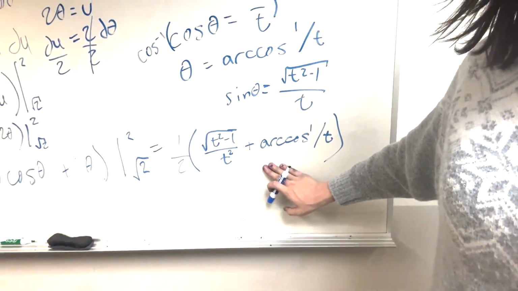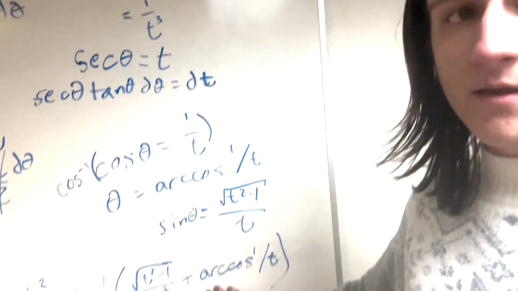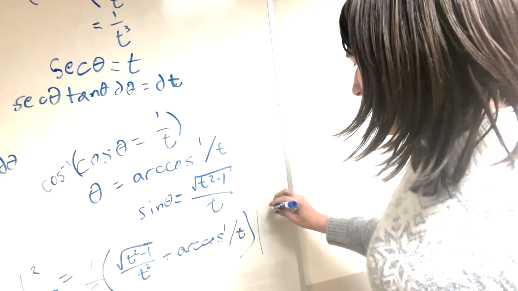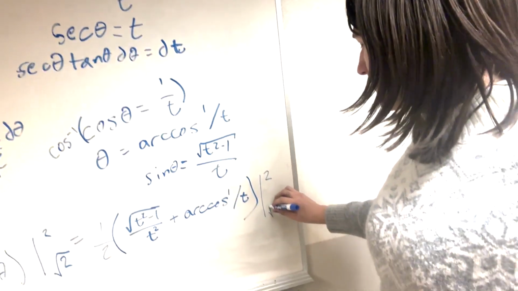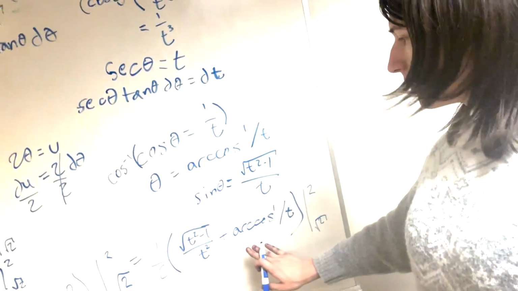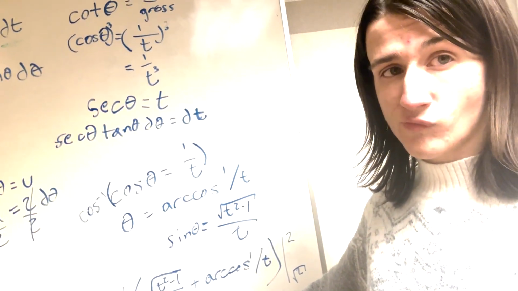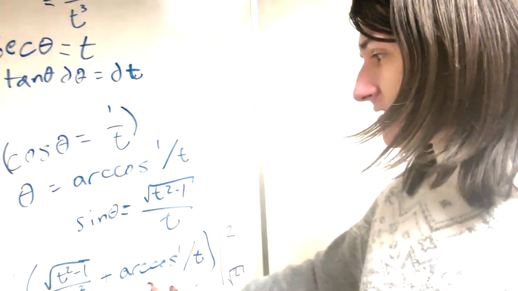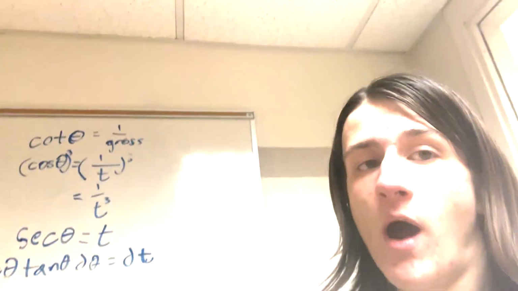We're going to leave this as is, because we've integrated this, and we cannot forget our bounds. We would just use the fundamental theorem of calculus to get the answer for the whole integral. But that's a lot. This is integrated, and it's in terms of t, which is what we started with, so I'm good to stop here.